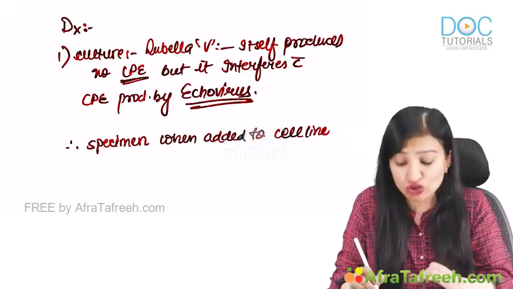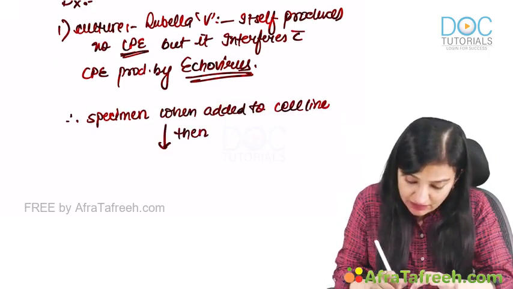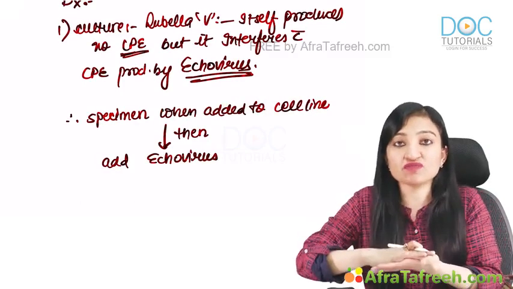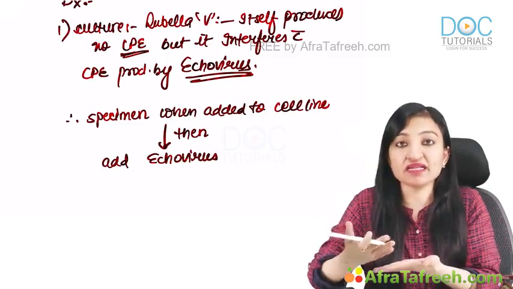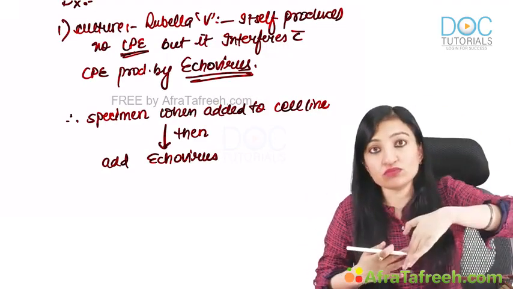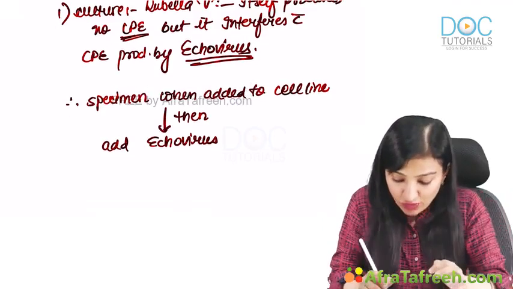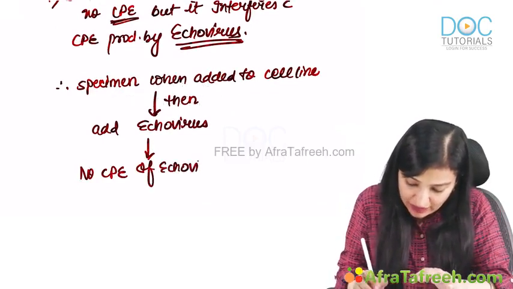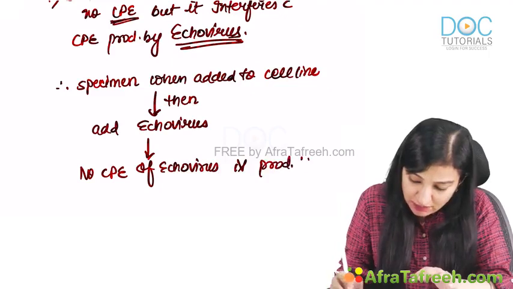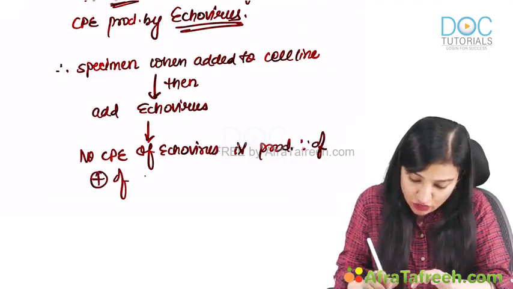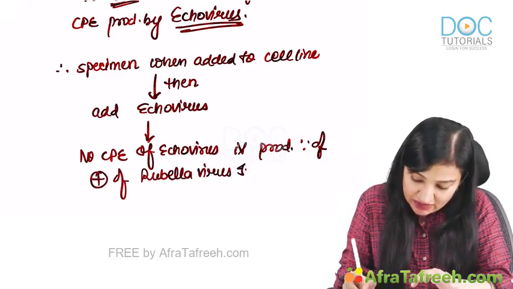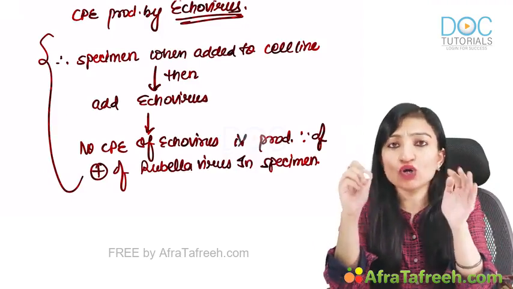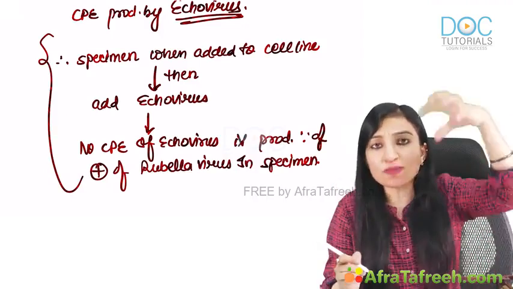If the specimen has got rubella virus, then you add the echovirus. You inoculate the cell line first with the specimen in which you suspect rubella virus, and later add echovirus. What will you see? No cytopathic effect of echovirus is produced because of the presence of rubella virus in the specimen. So the cultures are not going to produce any cytopathic effect when they are superinfected with echovirus.